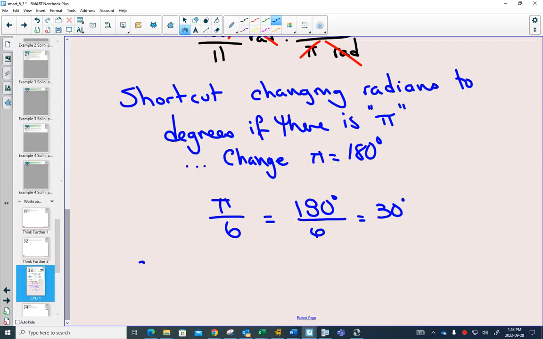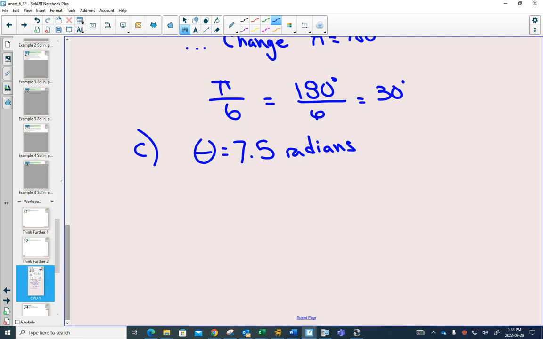When we get to part C, it says the angle is 7.5 radians. If you want to change that to degrees, determine its measure to the nearest tenth of a degree. Okay? So I have radians. If I want to multiply by something to get rid of the radians, I'd want radians on the bottom so that they cancel out.